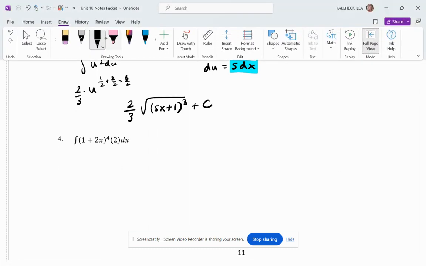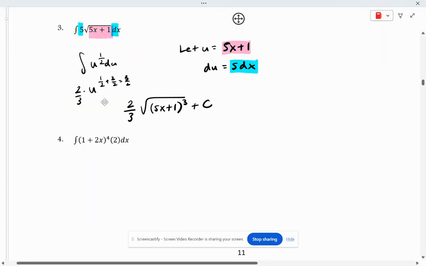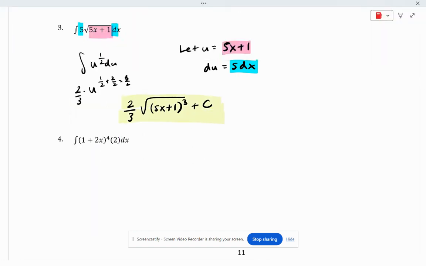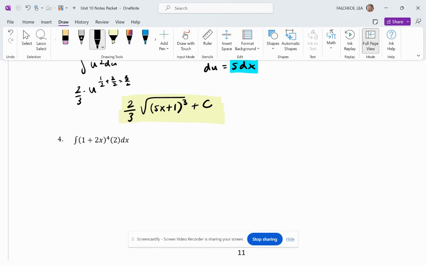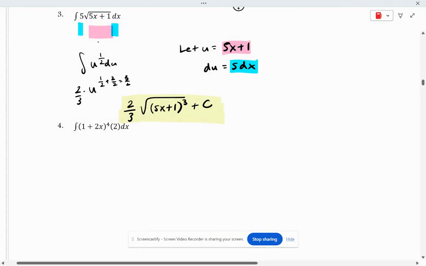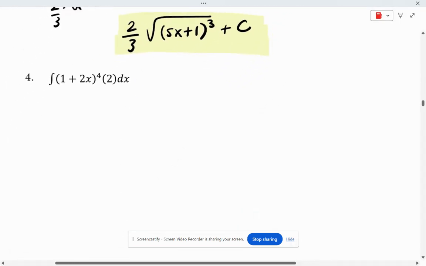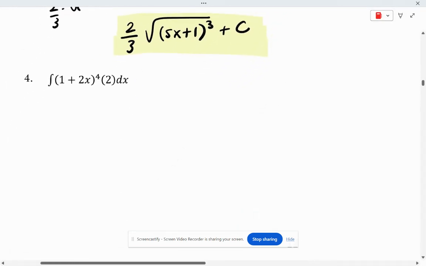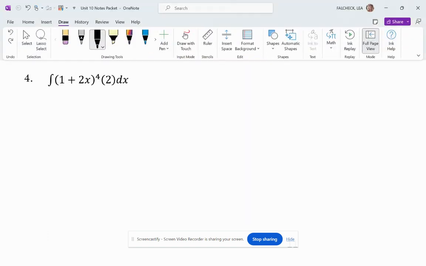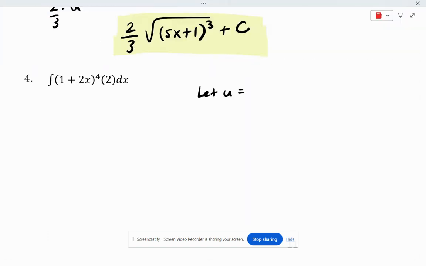Number 4, clear inner function. All right, for the purposes of time, I'm not going to keep highlighting du and u.